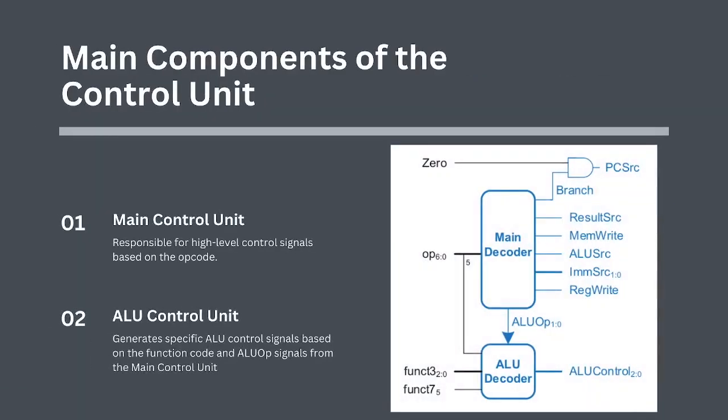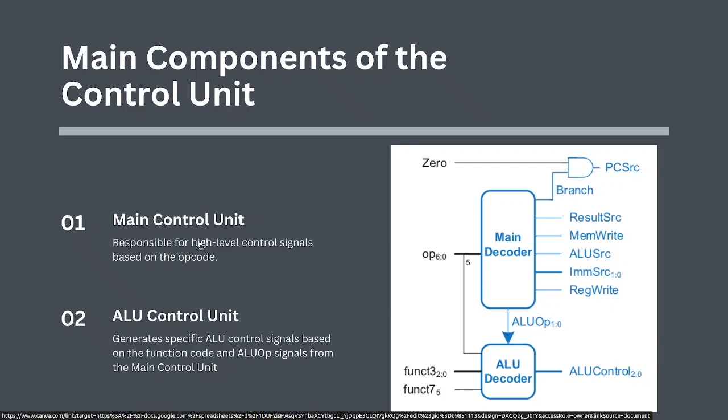Now, the RISC-V Single Cycle Core actually has two types of control units, the main control unit and the ALU control unit. Each of them plays a distinct but complementary role in controlling the CPU. The main control unit is responsible for decoding the instruction's opcode and generating the high-level control signals.